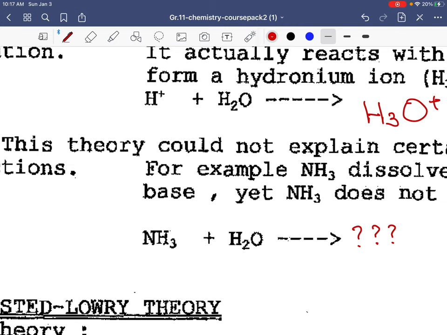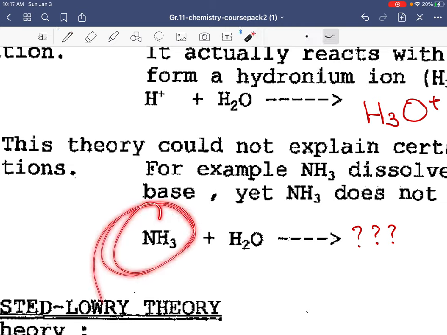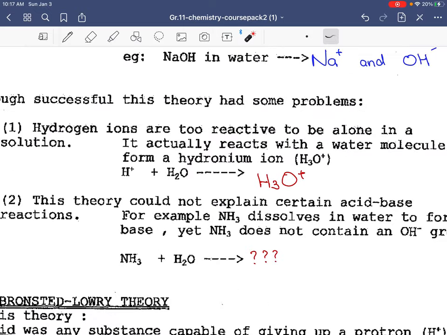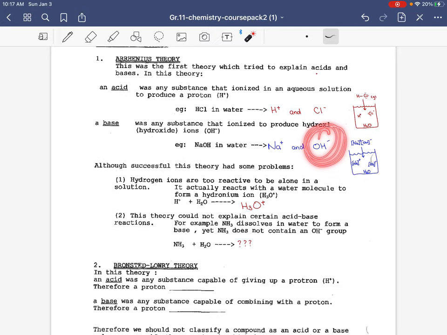So ammonia obviously has all the basic properties. But how is it going to make OH when this guy doesn't have an O? So that kind of puzzled Arrhenius. So it will actually take a while for somebody else to prove that NH3 is a base. It will take a while for somebody to prove that H plus reacts with water to make H3O. Now, obviously for us, it's not going to take that long. It will be right now.